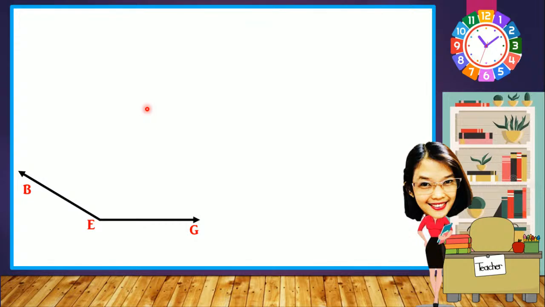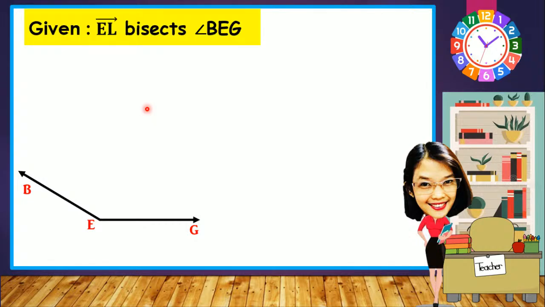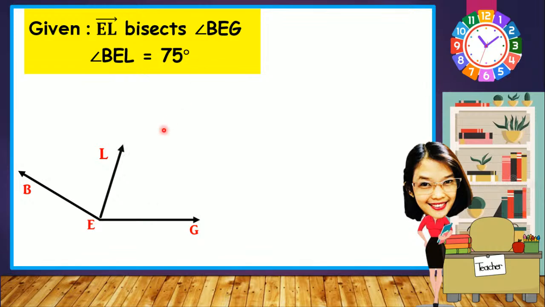Well, how about with this one? Given that ray EL bisects angle BEG. So again, in here, we are now using the word bisect. Ibig sabihin, hinati niya yung angle BEG into two equal parts. And the measure of angle BEL is 75 degrees.